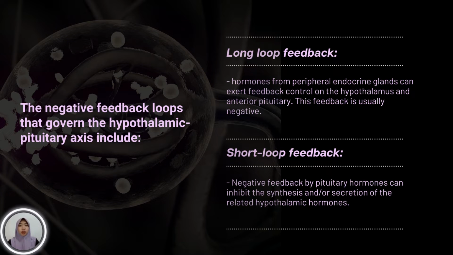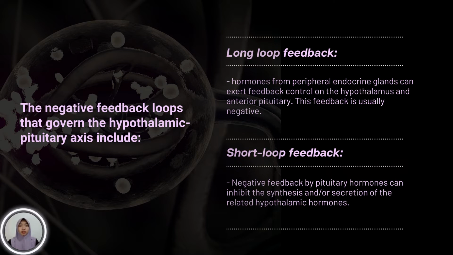This mechanism involves the interaction of the target organ hormone with the hypothalamus as well as the pituitary gland, resulting in negative feedback suppression of the tropic pituitary hormone. And typically this feedback is negative.